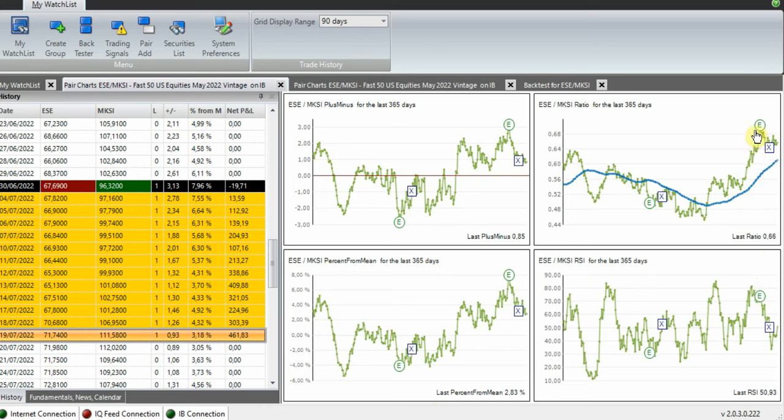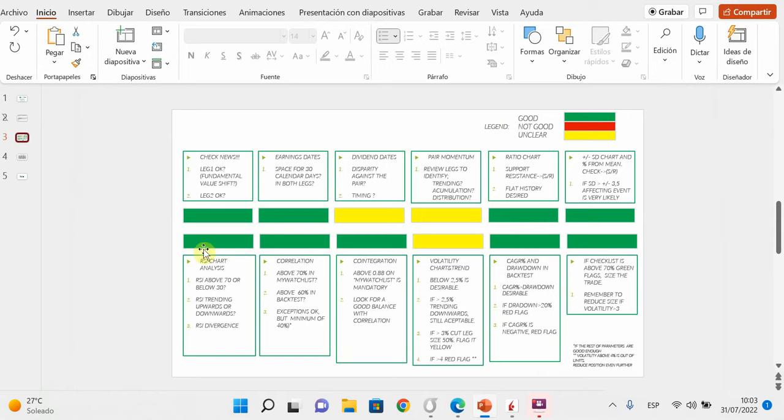So price going up and RSI going down is what we call a divergence, and it's a clear sign that the reversion to the mean has a lot of probability. So with that, we mark the RSI box with a green also.